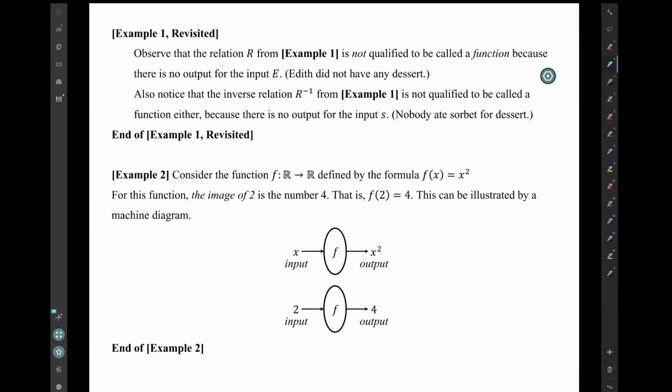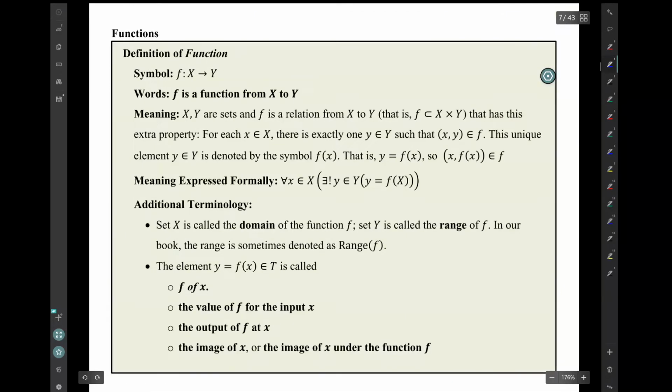Let's go back and look at example 1 again. Notice that the relation from example 1 is not qualified to be called a function because there's no output for the input E. That is, Edith did not have any dessert. Remember, the definition of a function is for each element of the domain, there has to exist exactly one element of the range such that this ordered pair is in the relation.